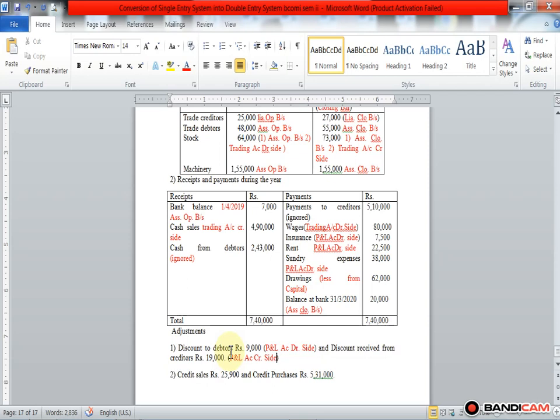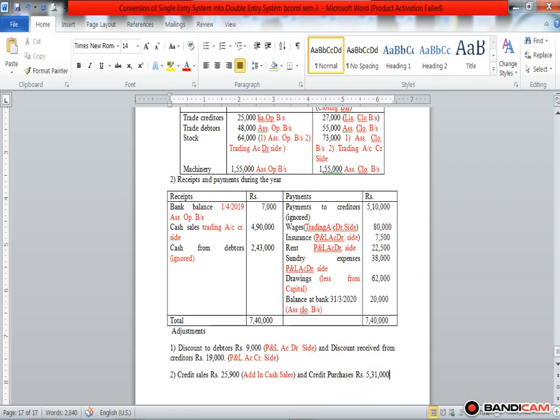Next, credit sales. Credit sales is added in cash sales, and credit purchase is added in cash purchase.